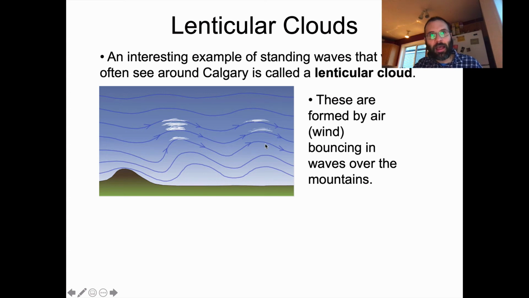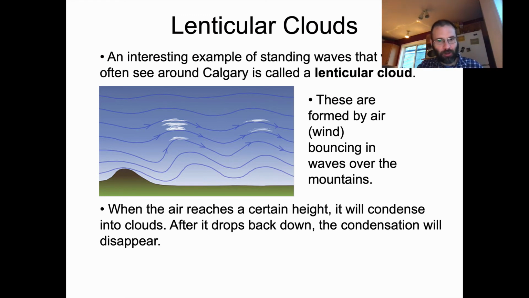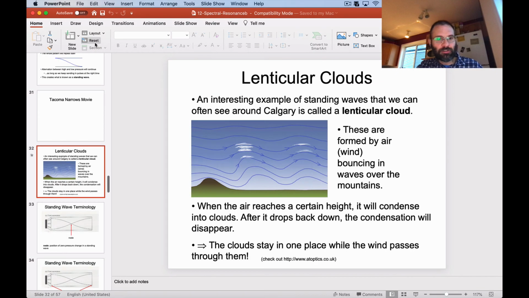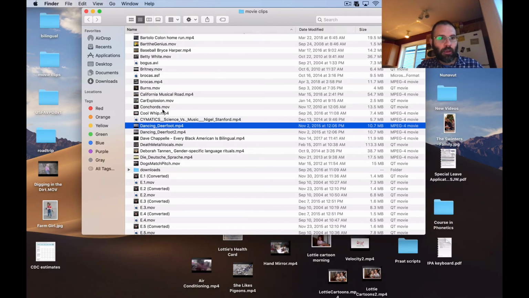So instead of the clouds being pushed by the wind like normal, the wind just goes through the clouds. It looks really cool because they have this smoothed off edge appearance. And then as they come back down, the wind warms up, and the cloud goes away because the condensation can't stick around. So this is another example of a standing wave.